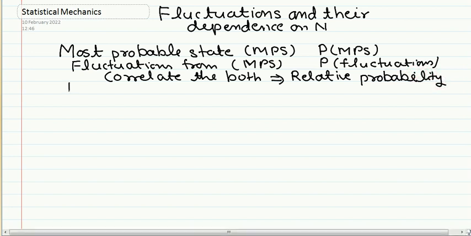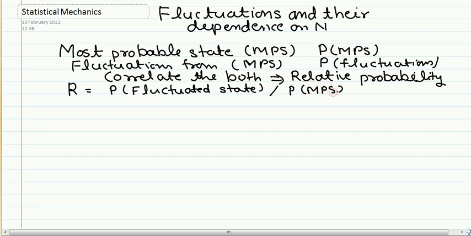Relative probability is the probability of the fluctuation, or the fluctuated state, divided by the probability of the most probable state. So in one part we have to calculate the relative probability, and then we have to show that this relative probability depends on n.